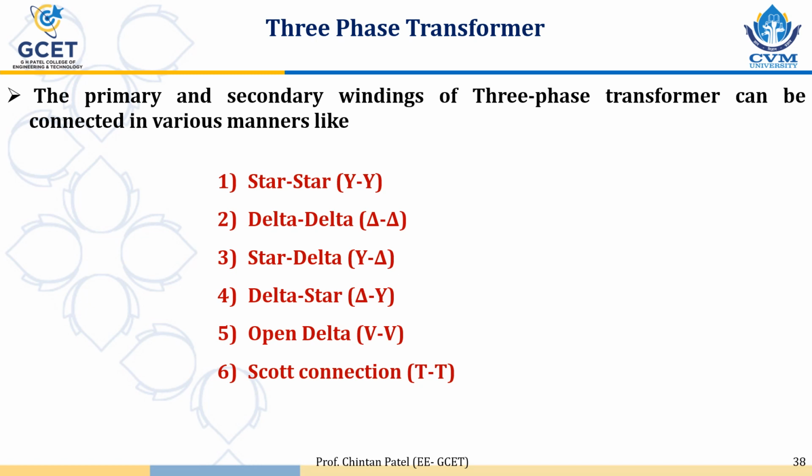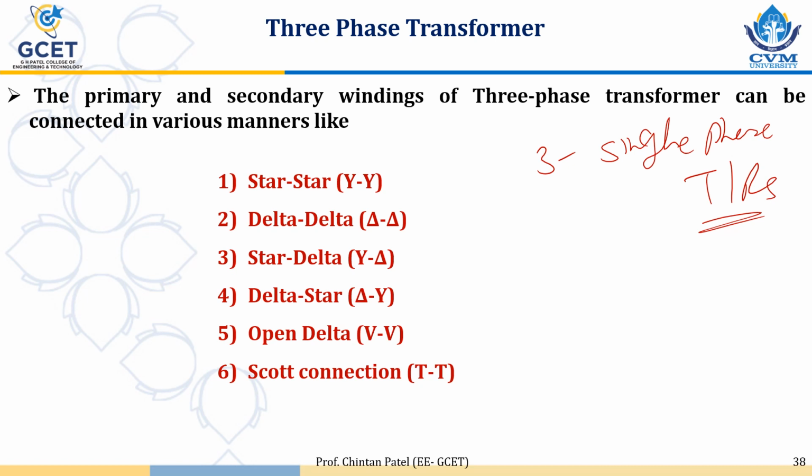So if we have three single phase transformers, and we would like to operate these three single phase transformers as one three phase transformer, then we can connect them in different manners.